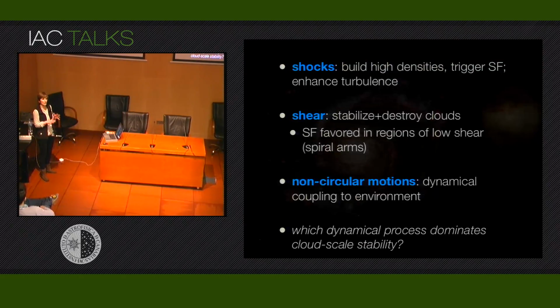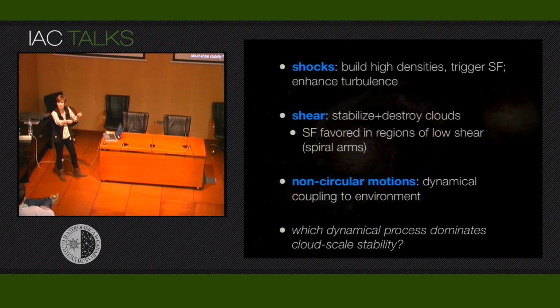Now I'm going to briefly give you an overview of how these three kinematic characteristics can influence the star formation properties of the molecular gas. So number one, shocks. What they tend to do is build very high gas surface densities, triggering star formation, right? But shocks can also enhance turbulence, so they can stabilize clouds. Then we have shear, which also stabilizes and potentially destroys clouds in the presence of differential rotation.